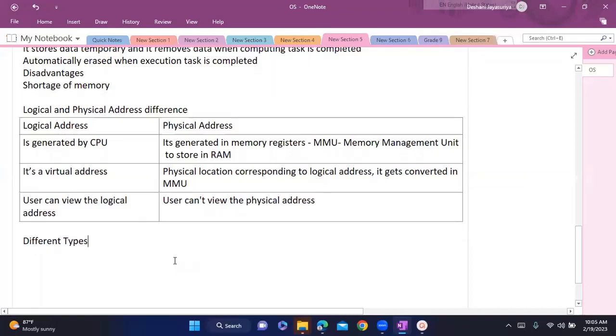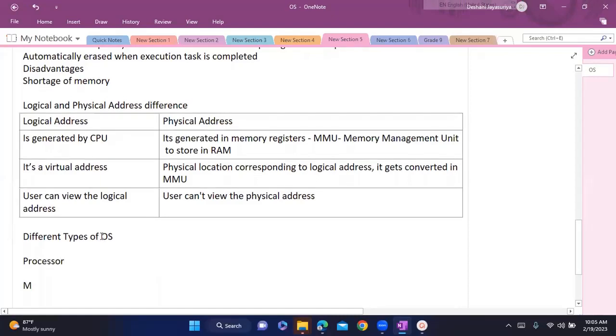We can write it down this way. One is based on the processor or the CPU. It will be dependent on that and on single user and multi-user.